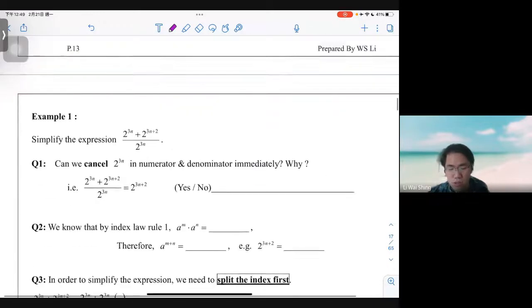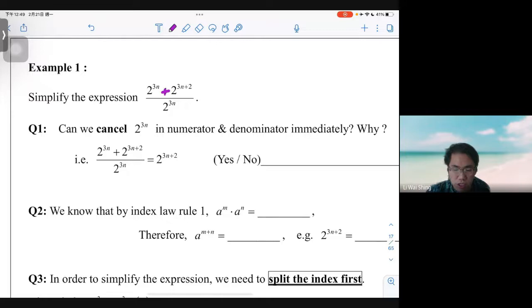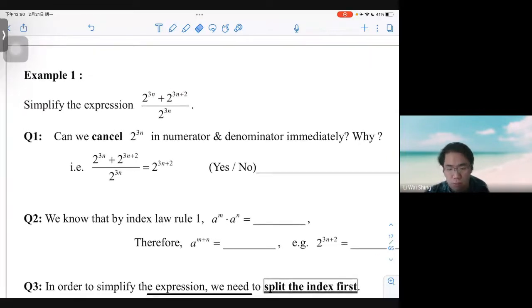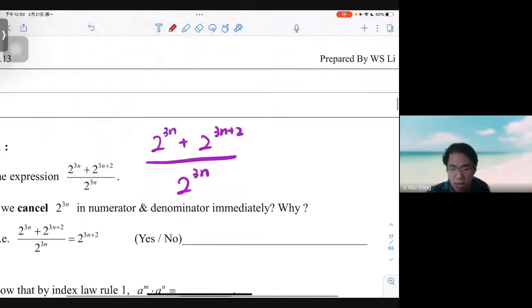All right, so we can use this skill in simplifying this kind of expression. Let's take a look. Mr. Lee wants to simplify this: 2 to the power 3n plus 2 to the power 3n plus 2 over 2 to the power 3n. First, can I cancel out the 2 to the power 3n directly?